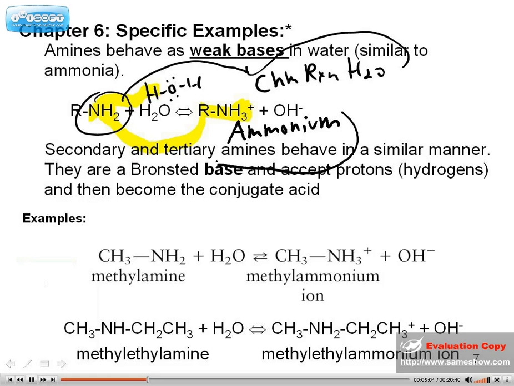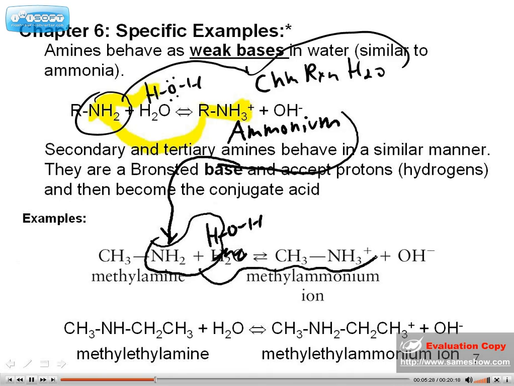So here are more examples down here. In this case, we have the common name methylamine. The IUPAC would be 1-aminomethane. Here we have methylamine and water, and it's easier if you visualize it like this. And the hydrogen is going to come off the water and bond to the lone pair, covalent bond to the lone pair on the amine, forming the ammonium.